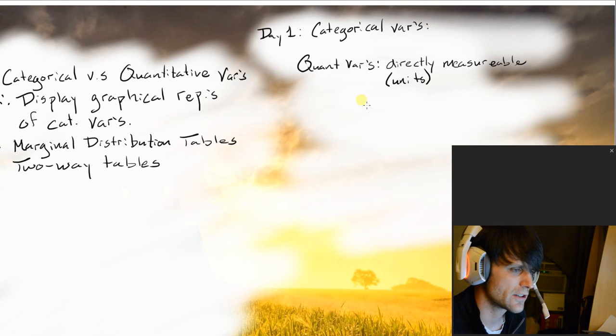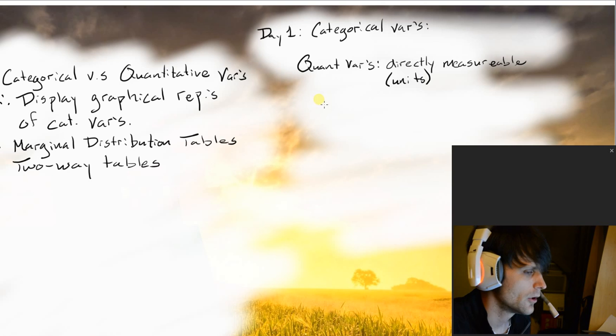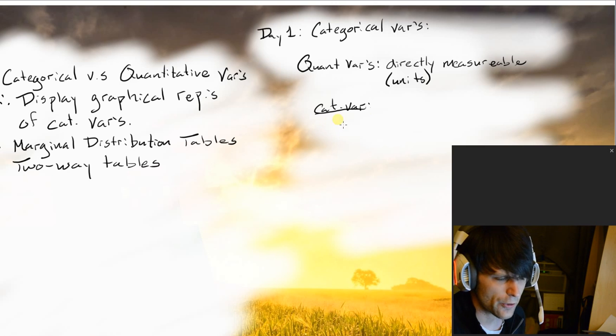So let's just go ahead and talk about a couple examples really fast. One example would be for a categorical variable. This is one that we did in class. We said let's compare academic success.